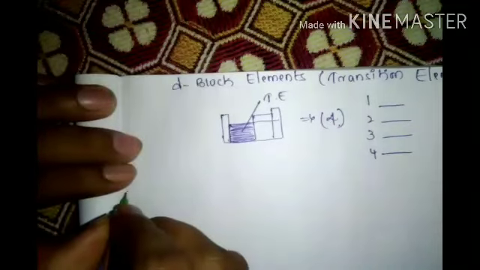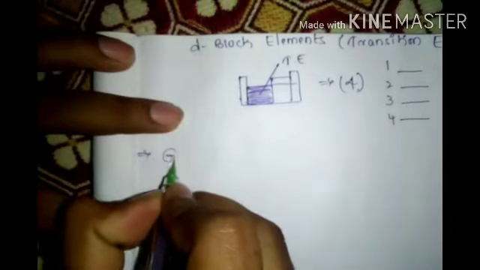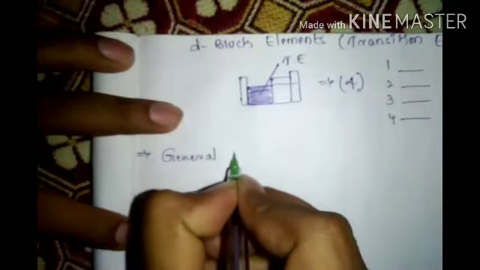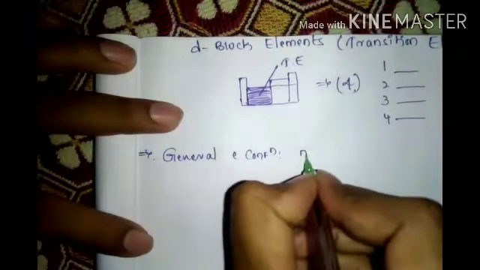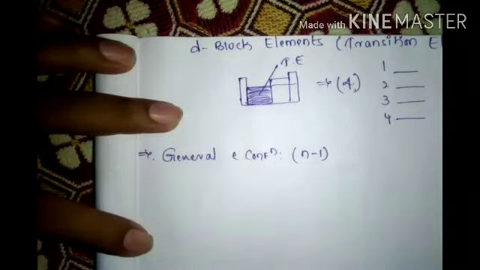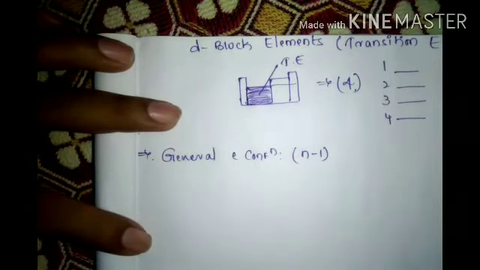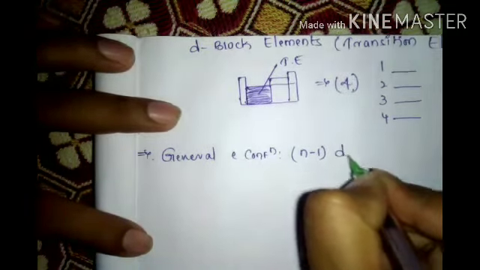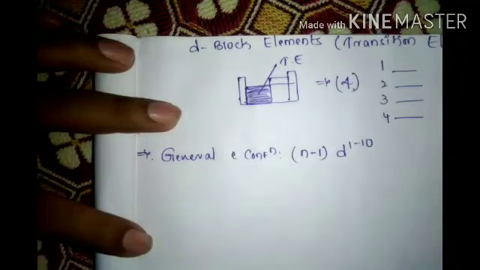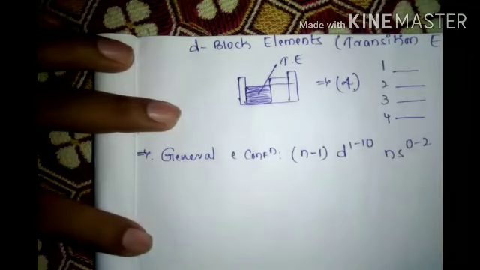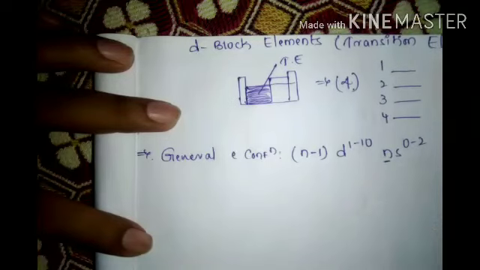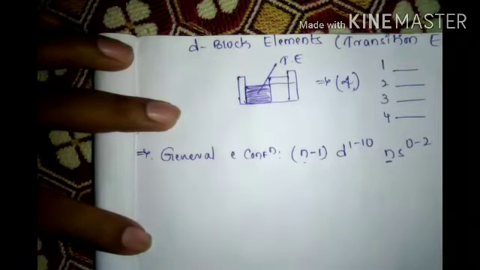Now for these transition elements, D block, the general electronic configuration is (n-1)d 1 to 10, ns 0 to 2. N means the number of the outermost shell. Whatever number comes for n, that minus 1 will come for d.